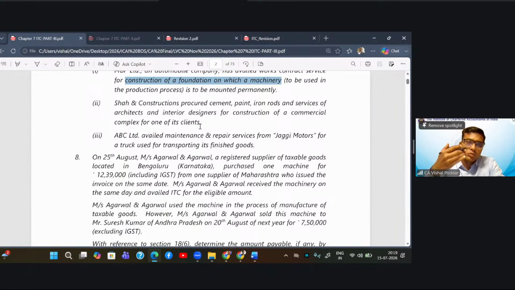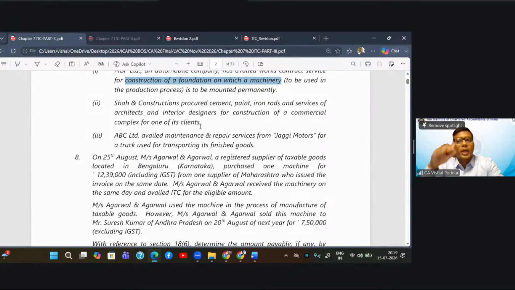When I am using any of these items for making my outward supply, or these items become my raw material for my taxable outward supply, in that case, students, ITC under 17.5 in any of the clauses is not blocked. That is our first main exception, that these inward supplies form the basis of my outward supply.